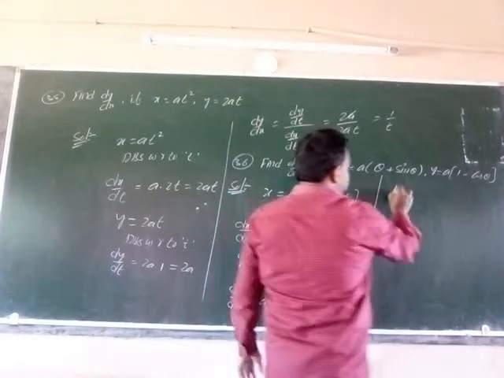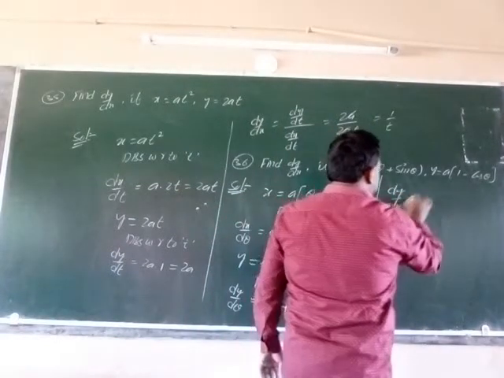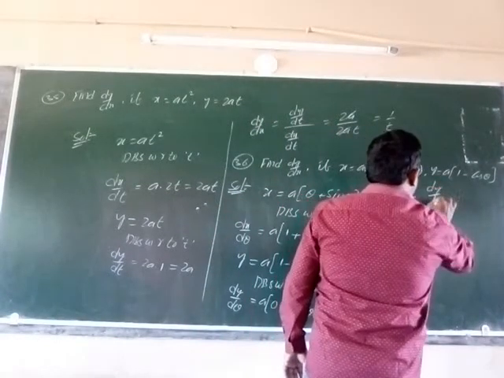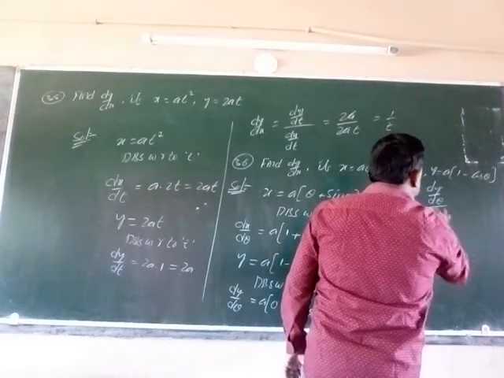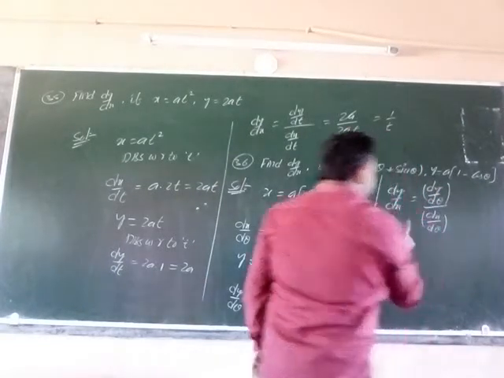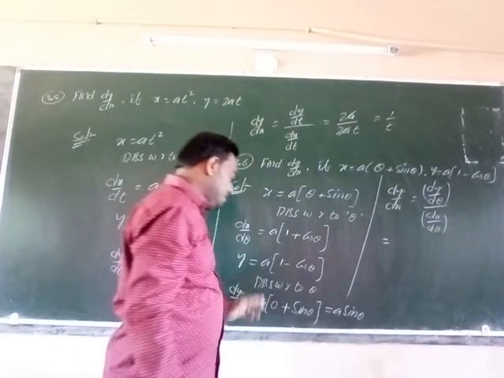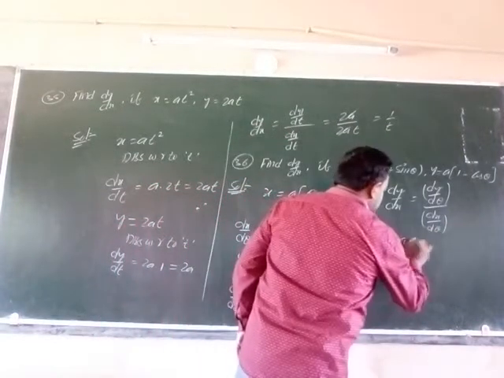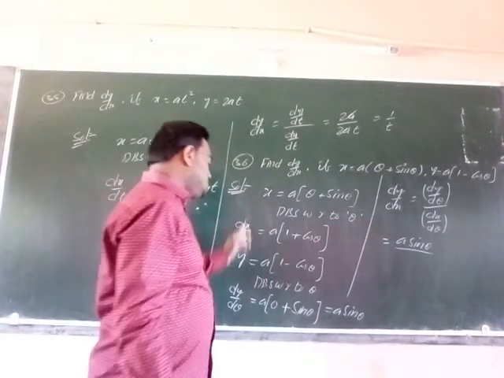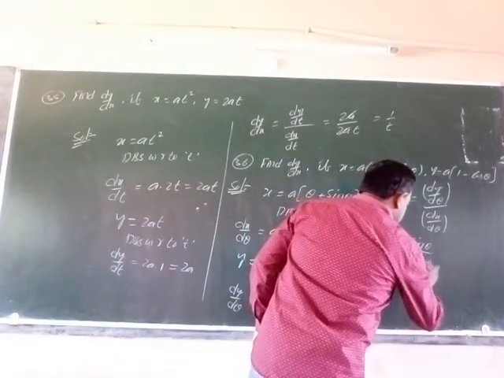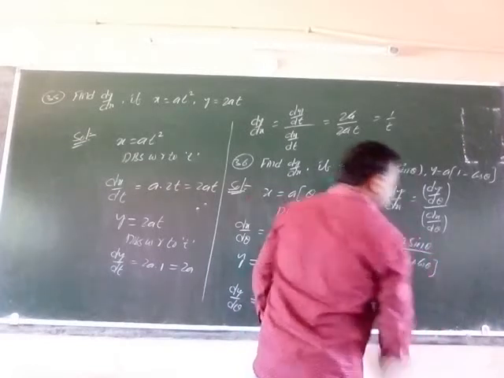Now dy by dx equals dy by dt by dx by dt. So dy by dt is a sin theta, and dx by dt is a into 1 plus cos theta.